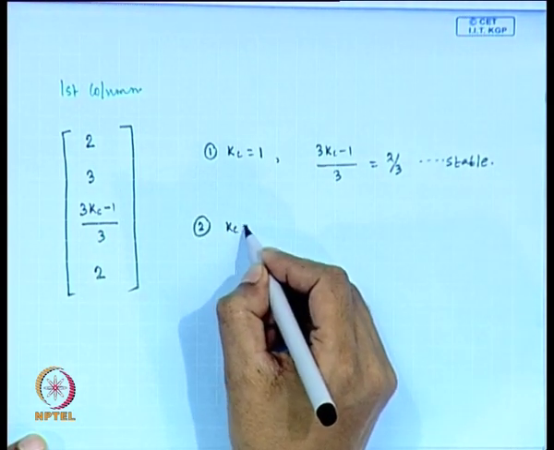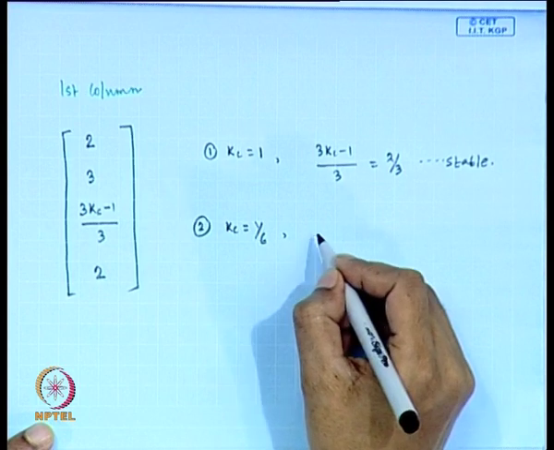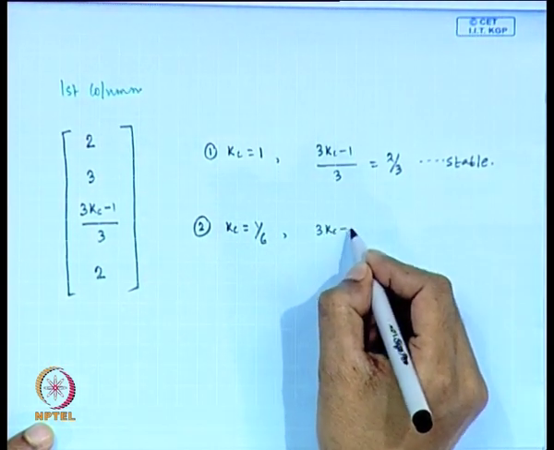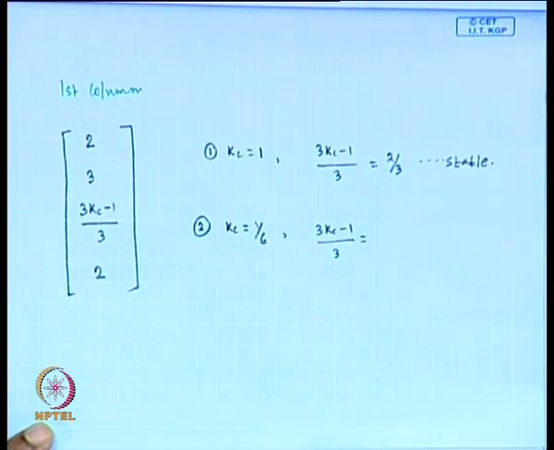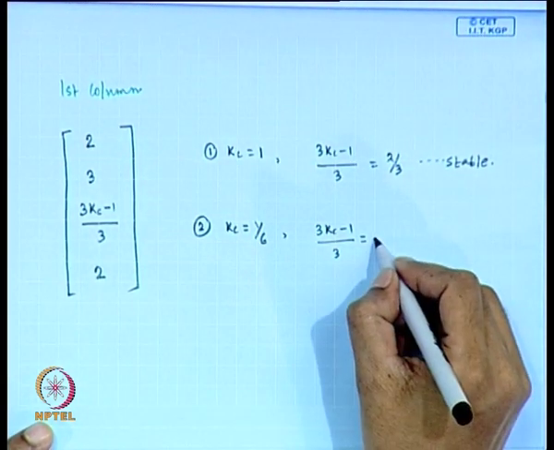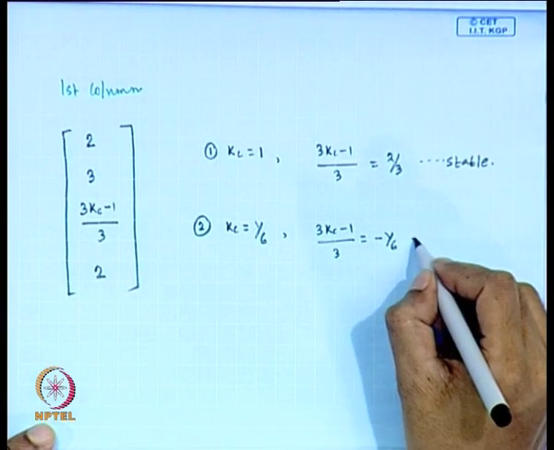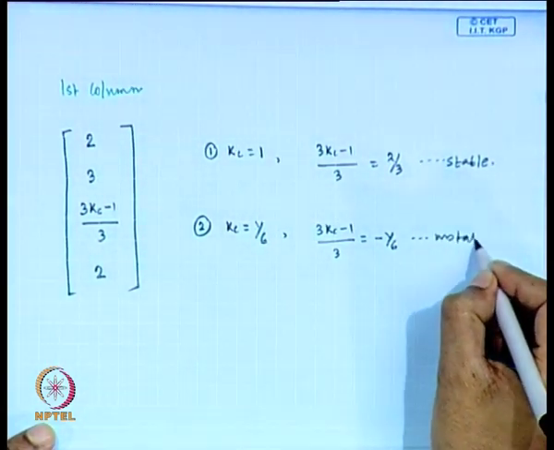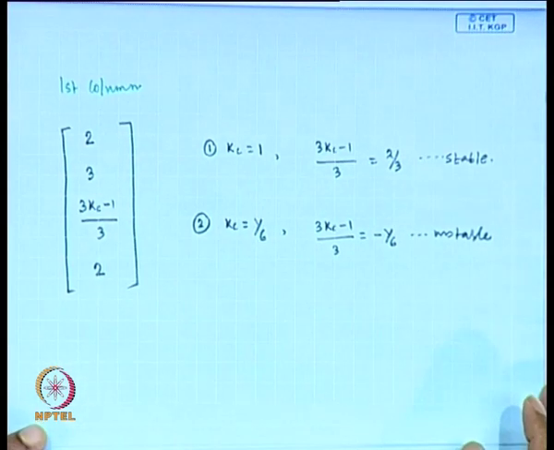We will consider another value. Suppose Kc is equal to 1 by 6. If Kc is equal to 1 by 6, the third element in the first column becomes how much? Minus 1 by 6. So, is the closed loop system stable or unstable? Unstable.